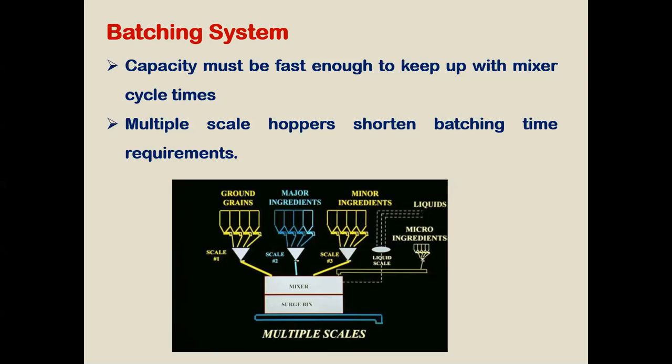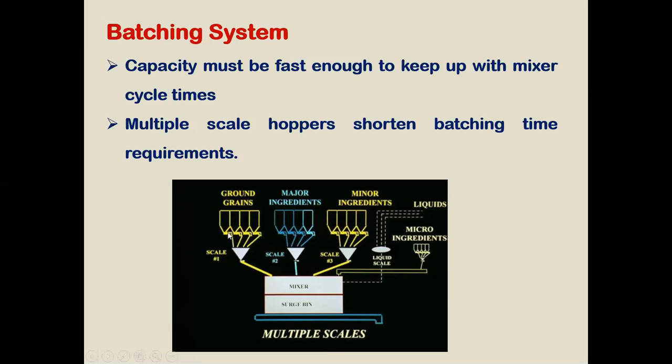Multiple scale hoppers connected with the mixer shorten the batching time. It reduces the time spent on individual ingredients. So multiple scale hoppers reduce the batching time while mixing the different ingredients.